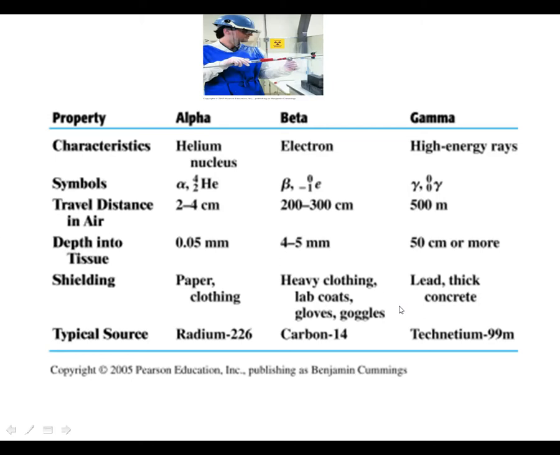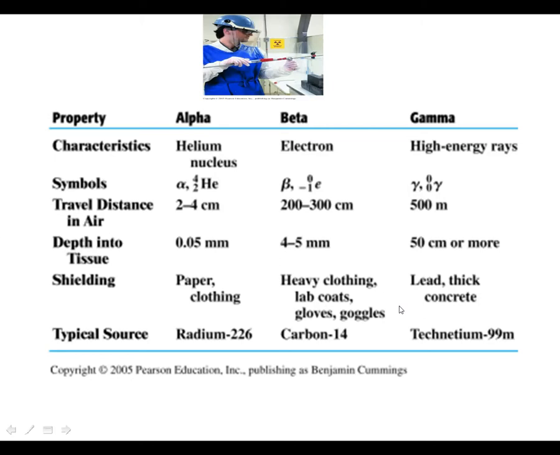And again, as you can see here, the alpha, beta, gamma will travel further in air. You can see alpha will only go 2 to 4 centimeters, so maybe not as much protection is needed as something like a gamma ray that goes 500 meters. And you can see also the gamma ray can travel very, very far into your tissue as well.